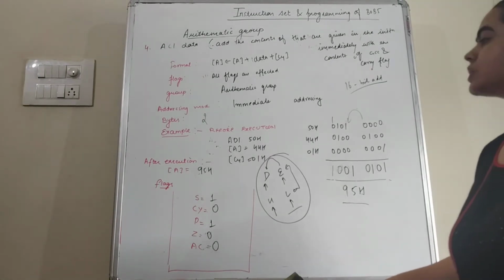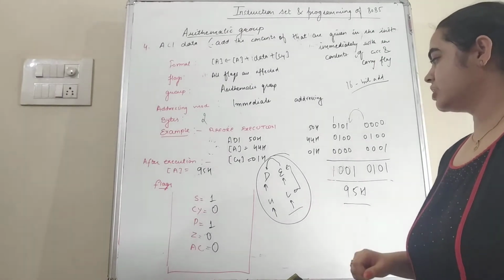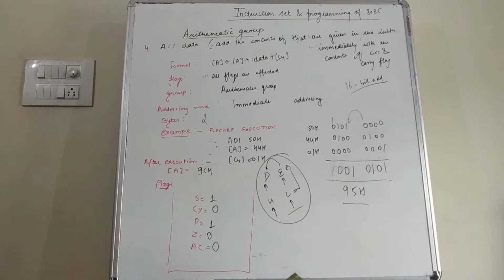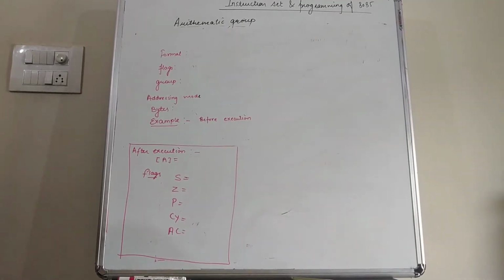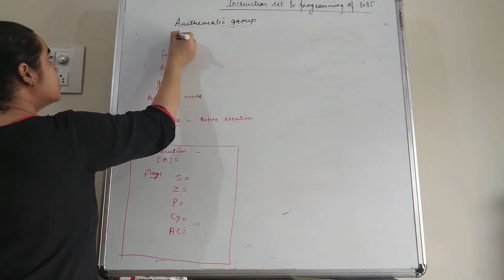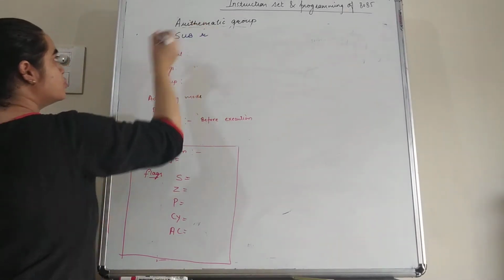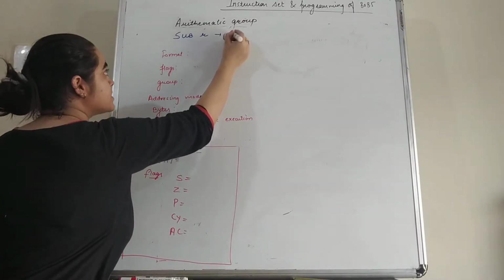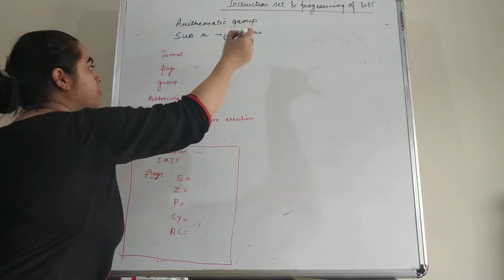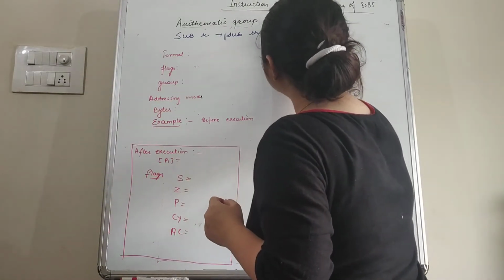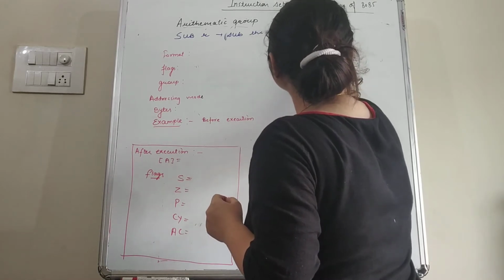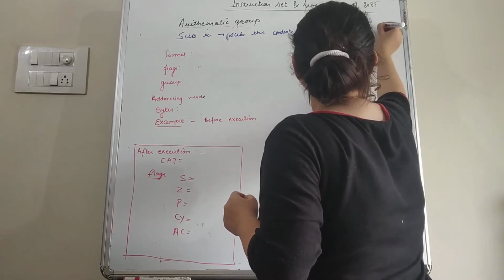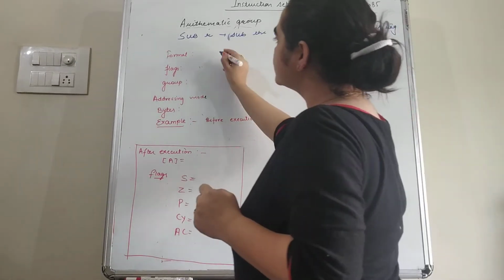Now we can see the subtraction instructions. The next instructions are related to subtraction. The first subtraction instruction is SUB R. This instruction means we subtract the contents of the register from the contents of the accumulator.